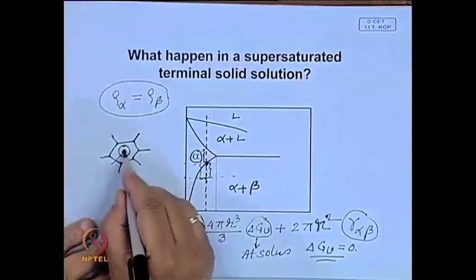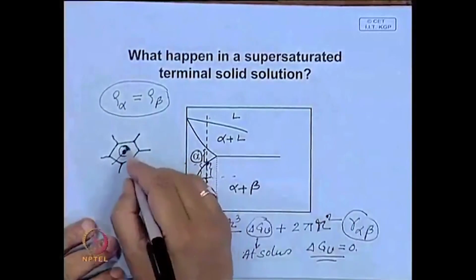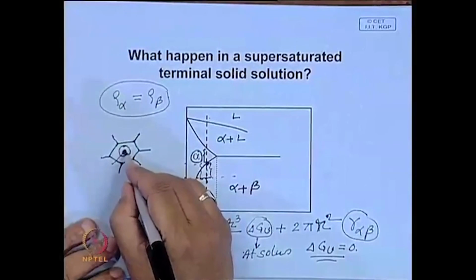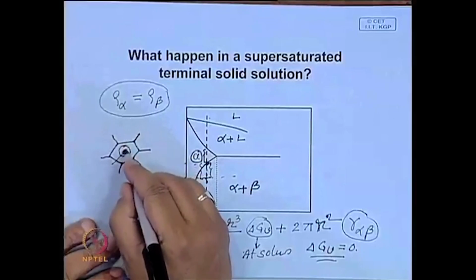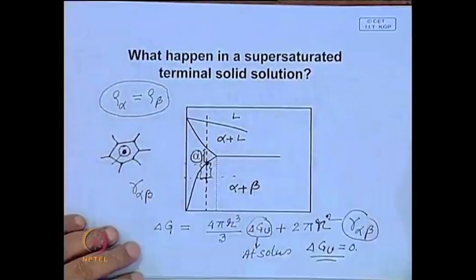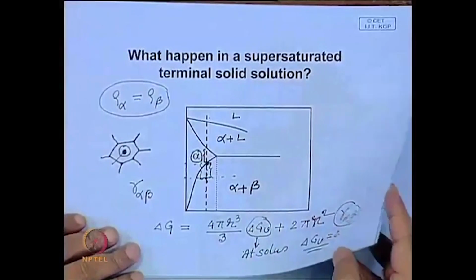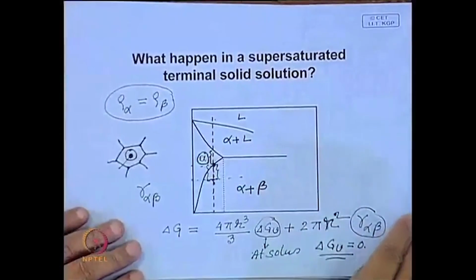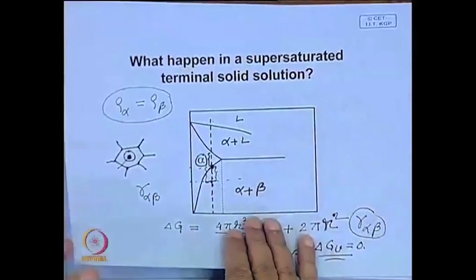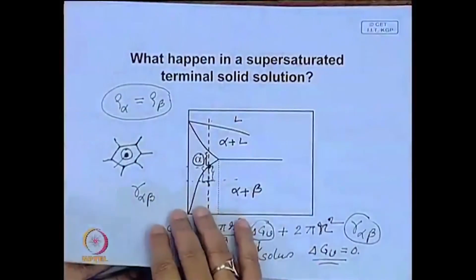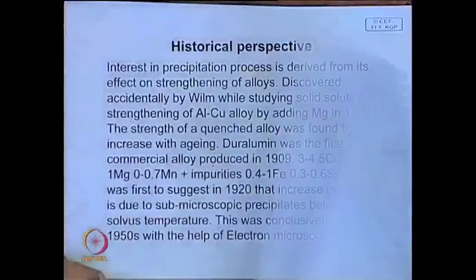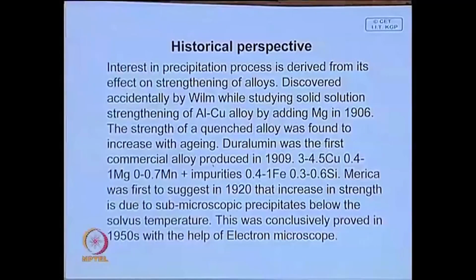When a precipitate forms, if it has a lower density, it will not be allowed to expand. So, how do we take this into account? That is the key to the process of strengthening that results from this precipitation.